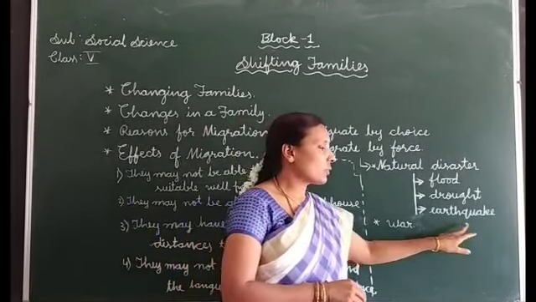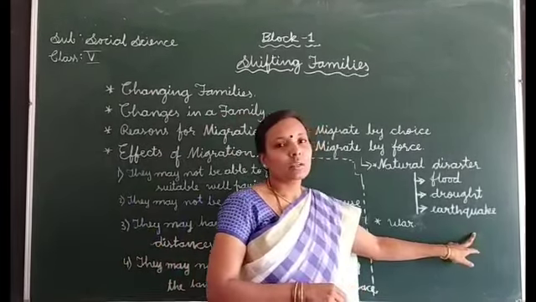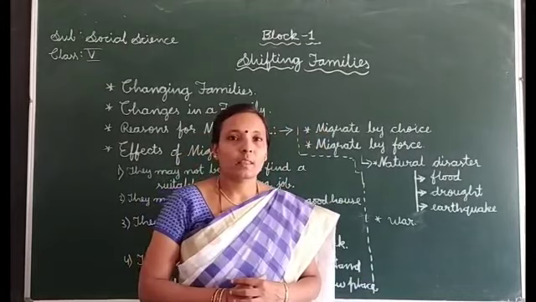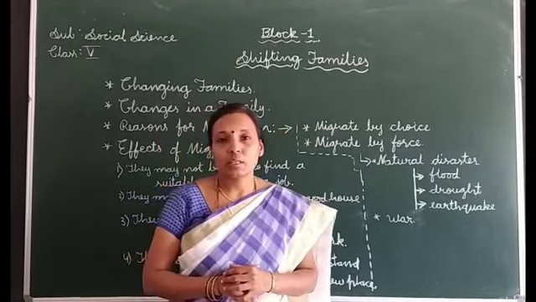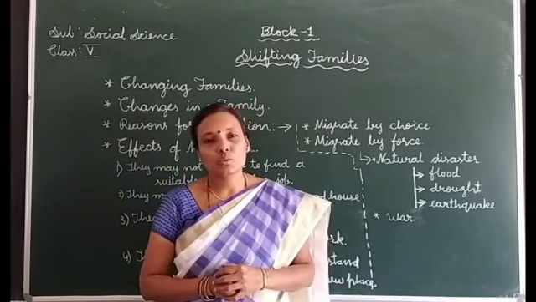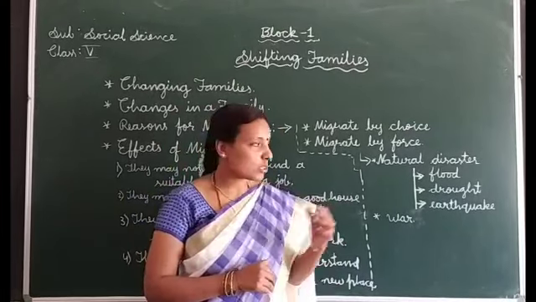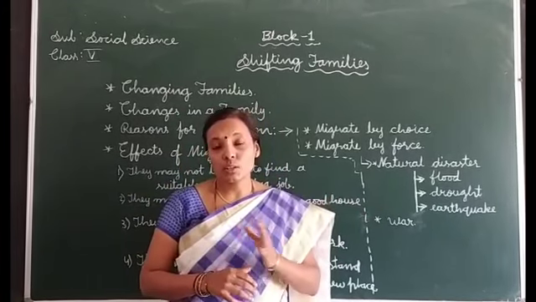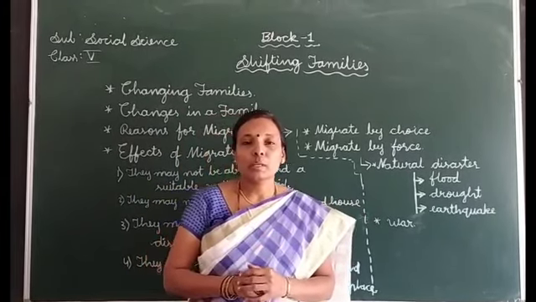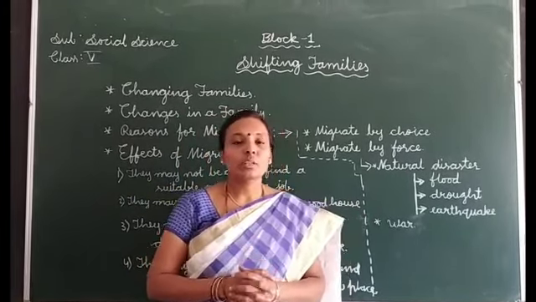Last one, earthquake. Earthquake, in Kannada we call it bhukampa. It also destroys the people's property. They lose everything. If they face the problem of an earthquake, it destroys the complete property of the people.